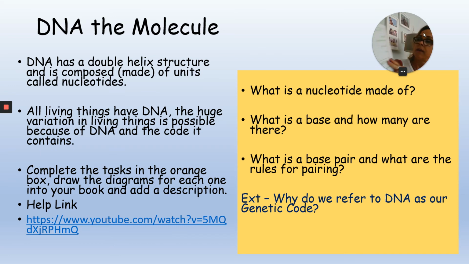Top box, the DNA molecule, bases, nucleotides, pairing, and your extension, if you feel you can complete it. Why do we refer to DNA as our genetic code? When you've done that, come back here and we'll do the last bit.